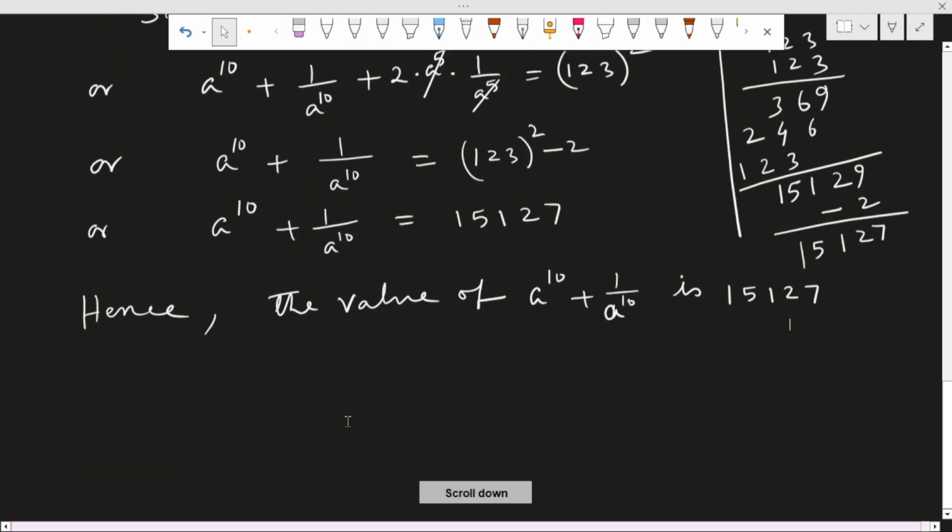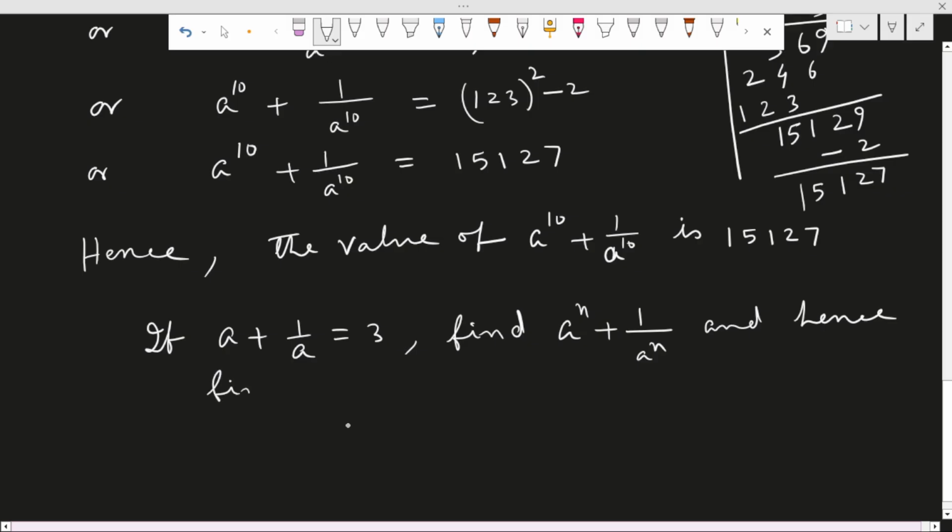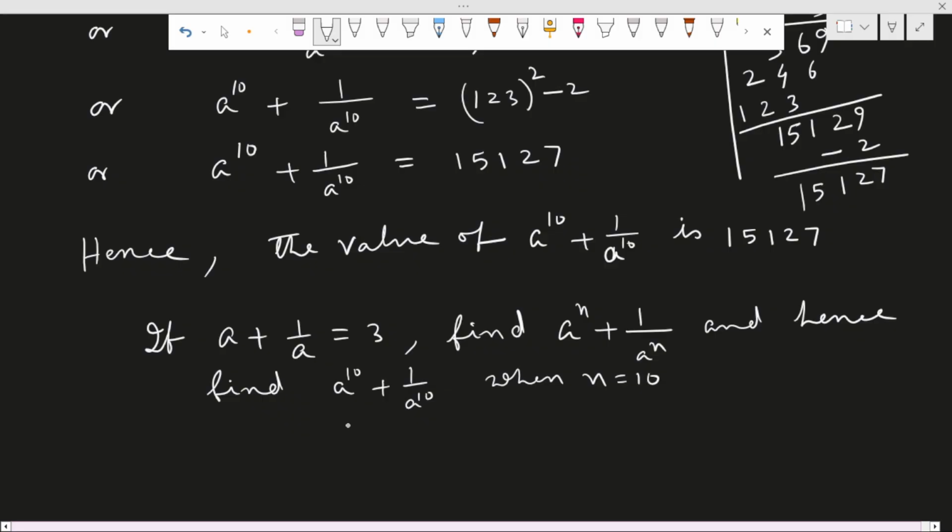So, writing again the question, if a plus 1 by a is equal to 3, find a to the power n plus 1 by a to the power n, and hence find a to the power 10 plus 1 by a to the power 10 when n is equal to 10, and verify this result.